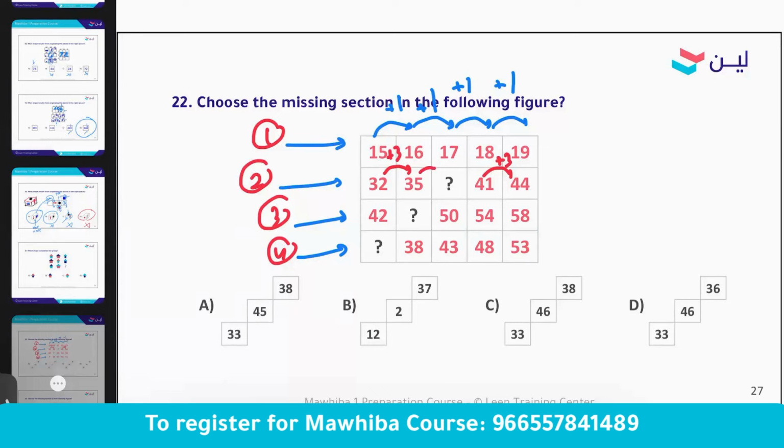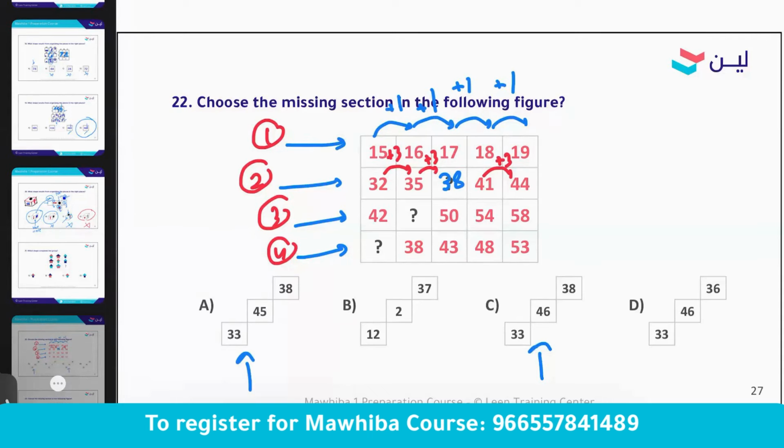What does this mean? The missing term over here, when you add 3 to 35, it will be 38. Okay, does this align with my question, my multiple choices? Yes, it aligns with A and C, but still, I need some more information so I can figure it out.